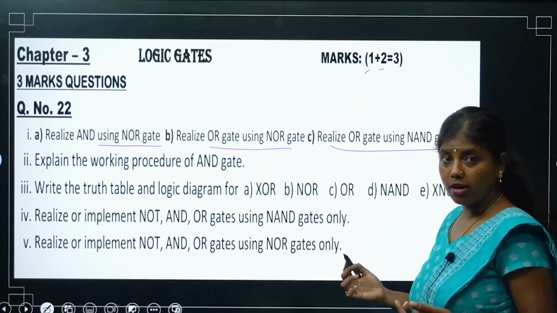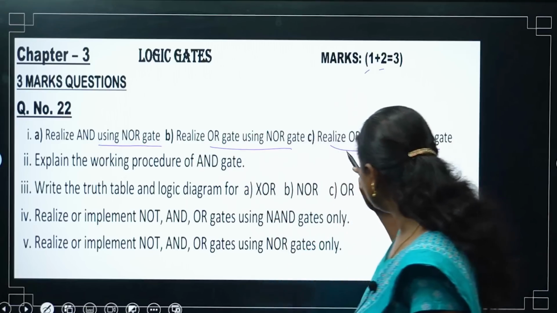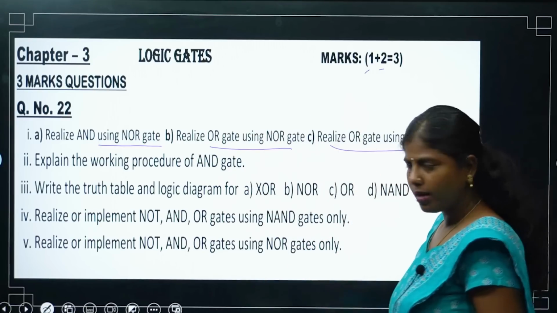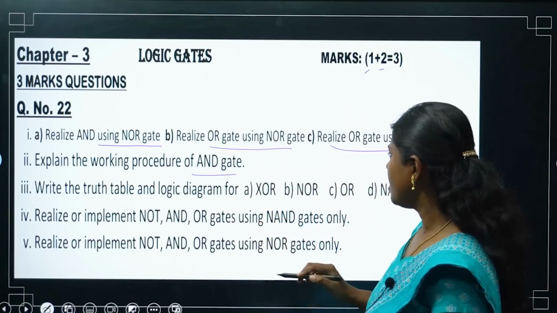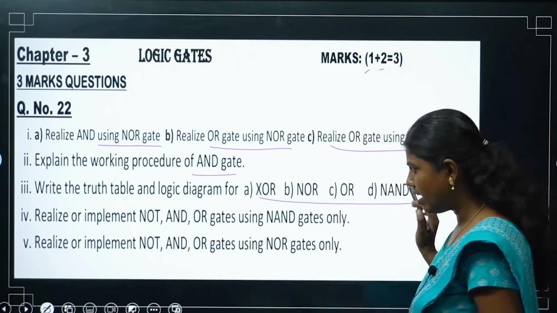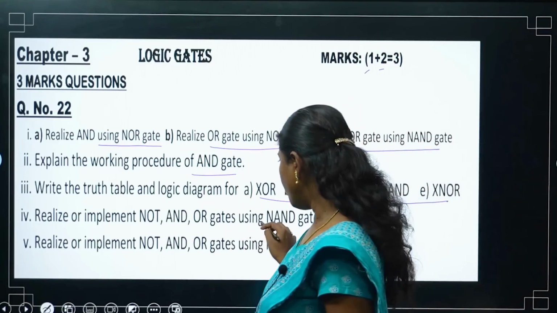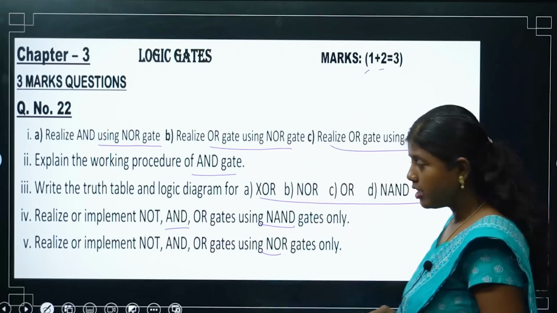So such gates are called universal gates. So realizing the basic gates using NAND and NOR, in general I can tell about that. Working procedure for AND gate. Truth table for all the basic gates and the derived gates they've asked here. Realization of the basic gates using NAND gate and realization of basic gates using NOR gate.